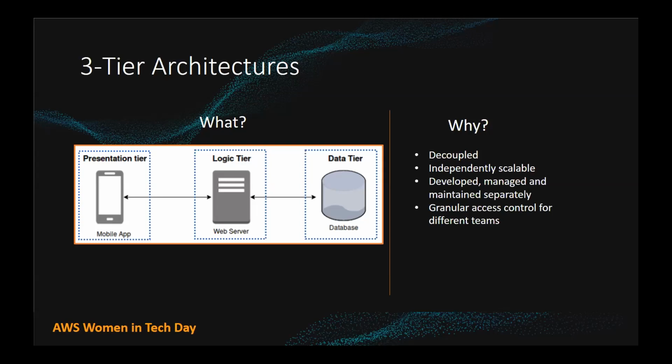Now, what does presentation tier mean? The presentation tier is where your users are directly interacting with your web page, your mobile app, UI, etc. That is your front end. And then there is the logic tier, which is called the brain of your application.